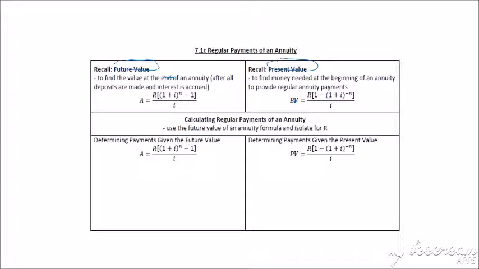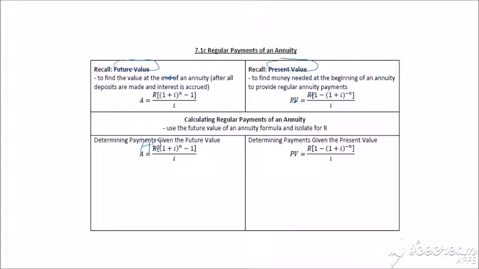So we use the future value of an annuity formula and isolate for R. If we want to determine payments, what we're talking about is determining the R given the future value. What we'd have to do is cross multiply. So A here is in the numerator, and we would have to take this bracket here and cross it down.